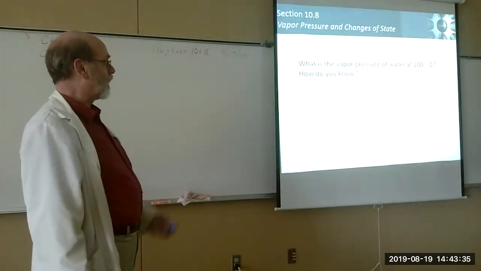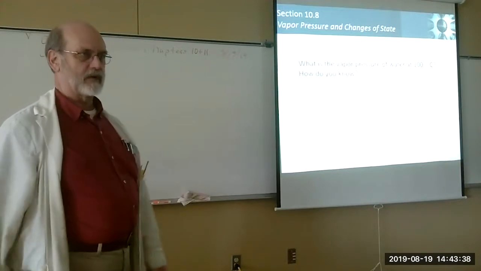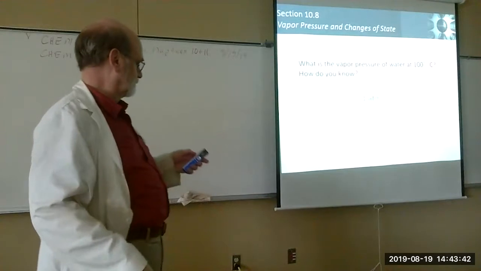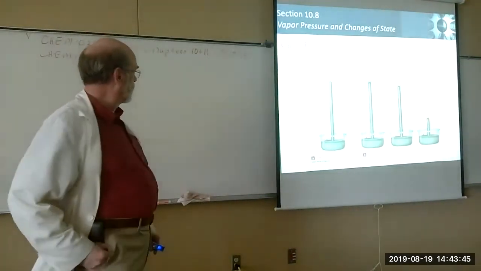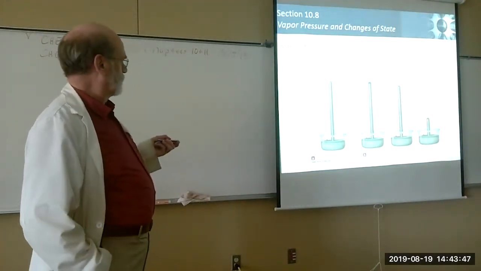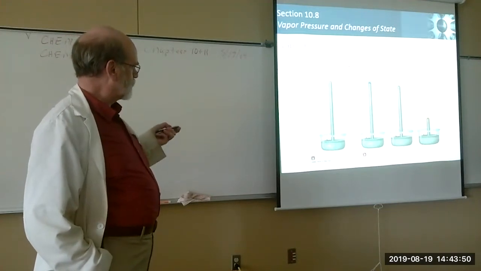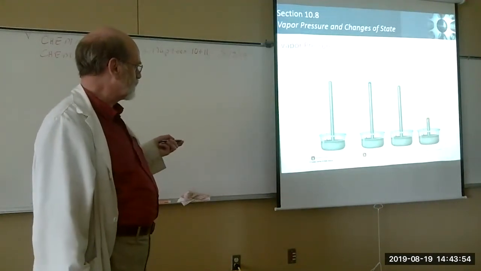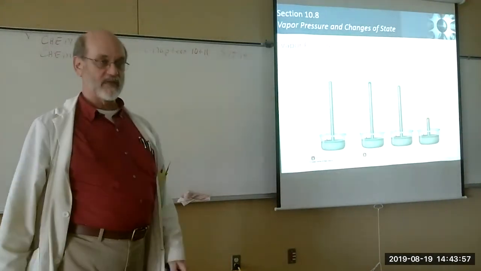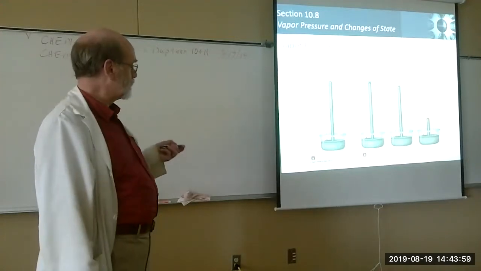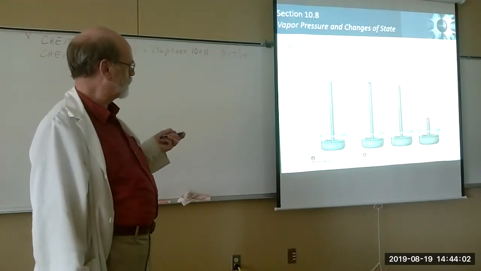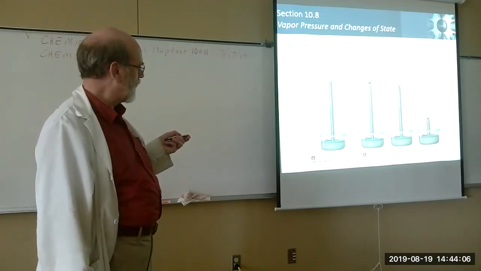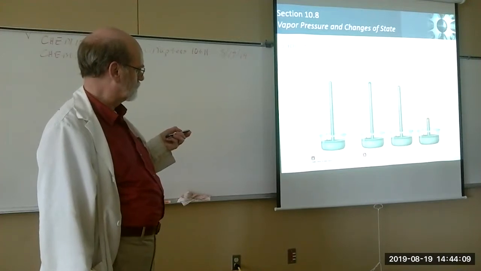The vapor pressure of water at 100 degrees is 1 atmosphere, because that's the boiling point at 1 atmosphere. For example, with this barometer, if there's a vacuum up here and you're at sea level, 760 millimeters will be the height of that column. But if you put something up here, like water vapor, it will decrease the column by 24 millimeters.